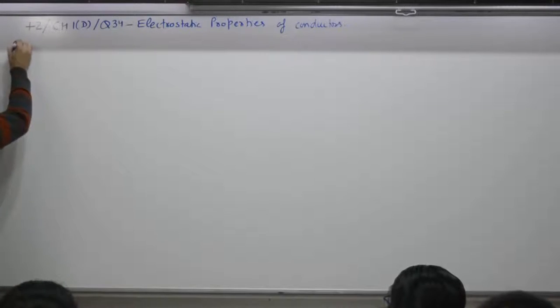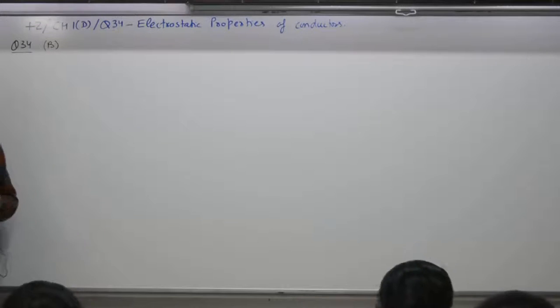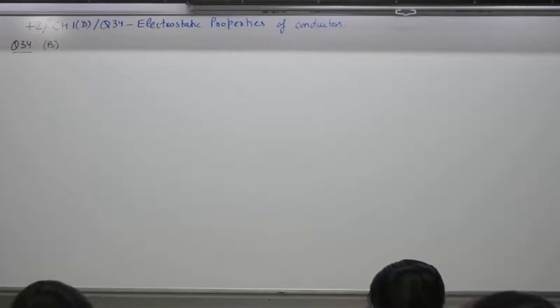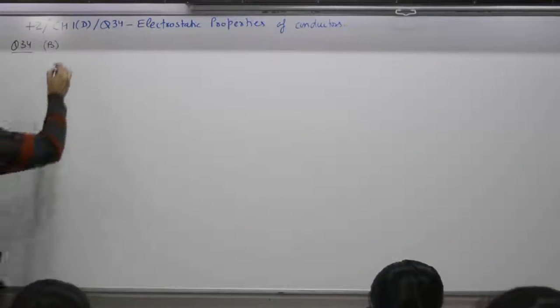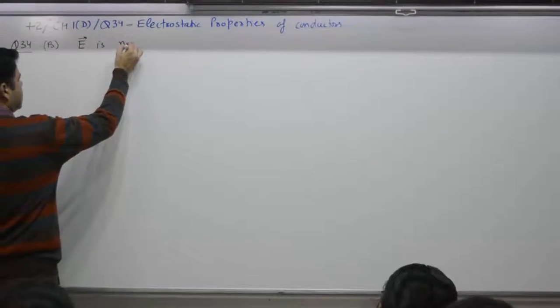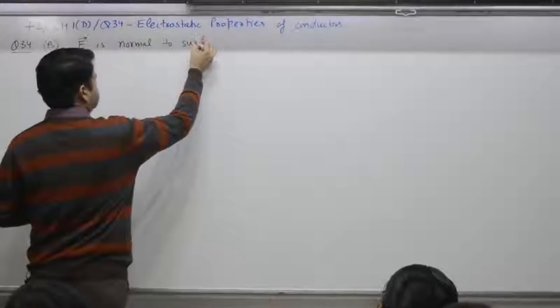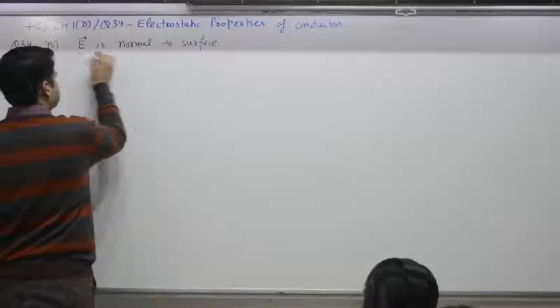Same question, B part. Yes, what do you want to prove? E is normal to the surface. Electric field is normal to the surface on which charge resides.